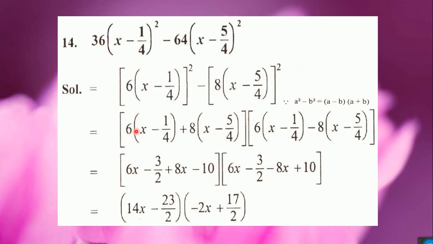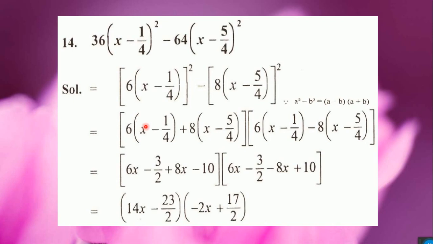A is 6 into (x minus 1/4) and b is 8 into (x minus 5/4). And now write a minus b form, that is 6 into (x minus 1/4) and minus 8 into (x minus 5/4).